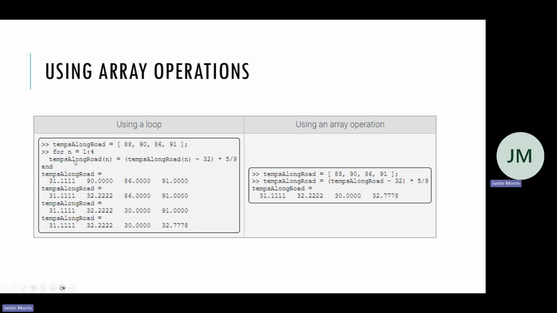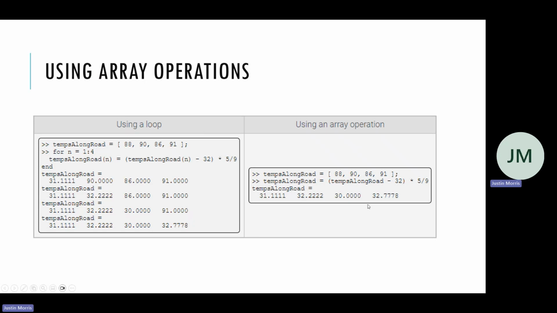And it would go one element of the array at a time, performing this operation. But in MATLAB, we can also do the same exact operation in a smaller code snippet and without a for loop by using array operations. Okay?